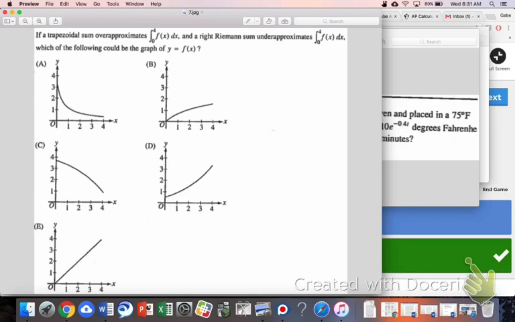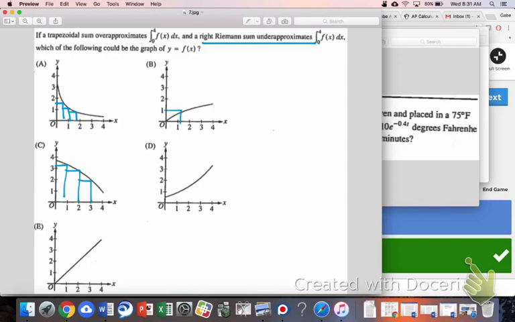So guys, to me the easier place to start is with the fact that the right sum is an under approximation. A right sum will be an under approximation whenever the function you're dealing with is decreasing on the interval that you're looking at. Here, a right sum is going to be too low.